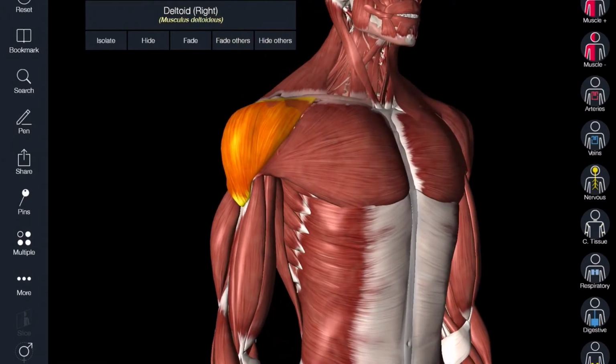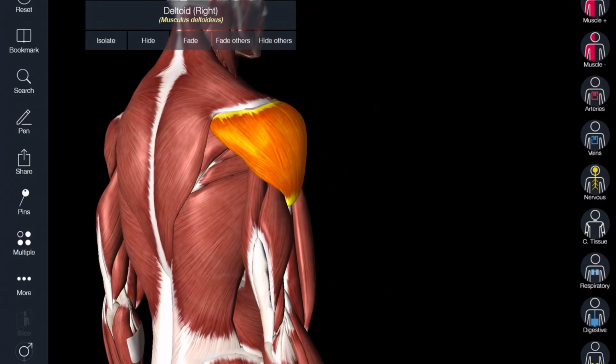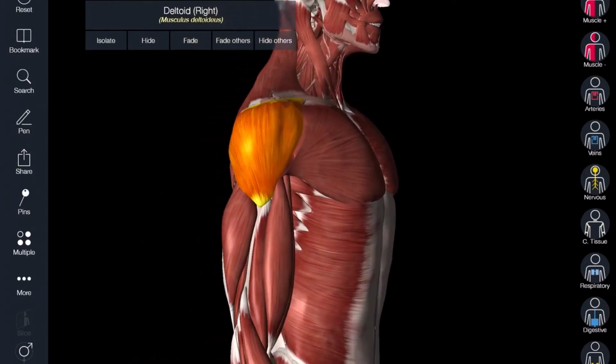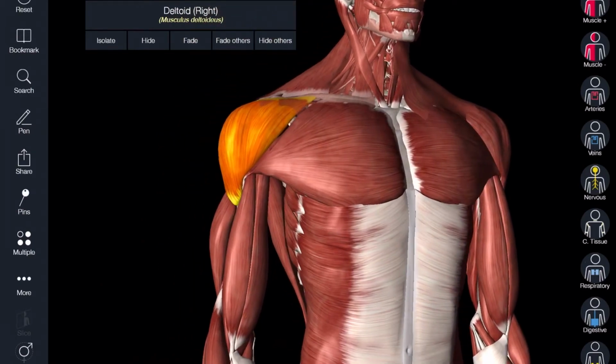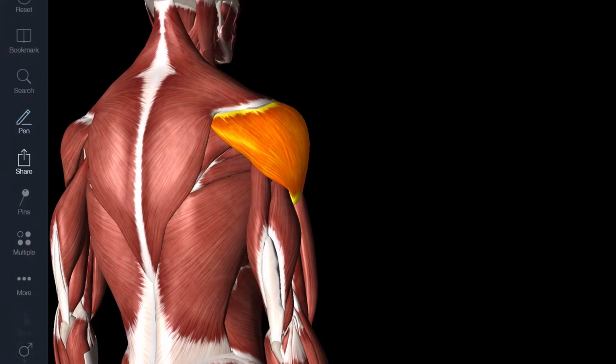So the anterior fibers and the posterior fibers cross the shoulder joint on opposite sides, and therefore do opposite actions at the shoulder. We talked about the anterior fibers doing shoulder flexion, the posterior fibers do shoulder extension. So if you can imagine this person moving the arm forward into shoulder flexion, you can imagine these posterior fibers lengthening while that happens.